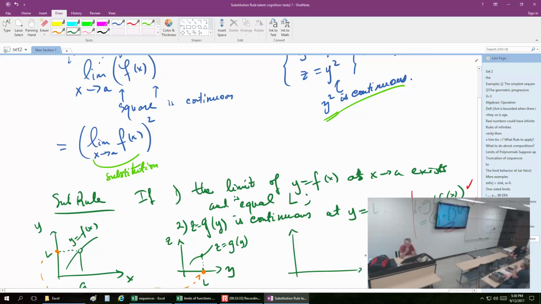So h, what's the input of h of the composition? X, y, or z? No, look on the right. Z, right? No, that's the output. Oh.